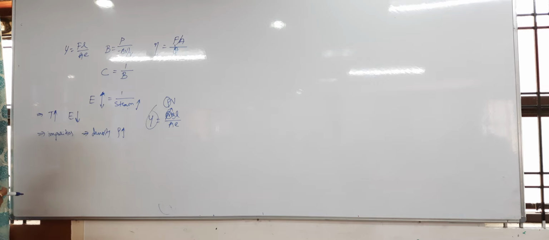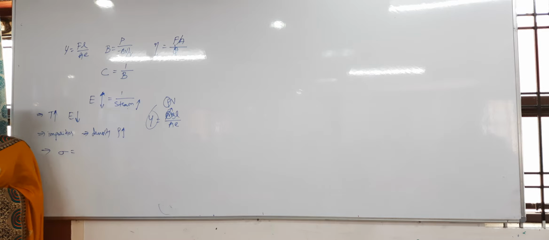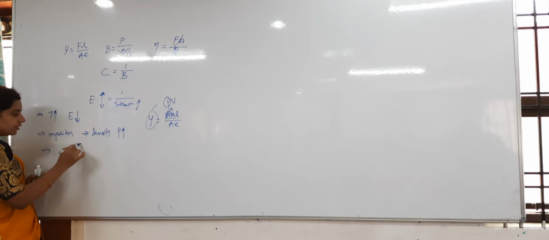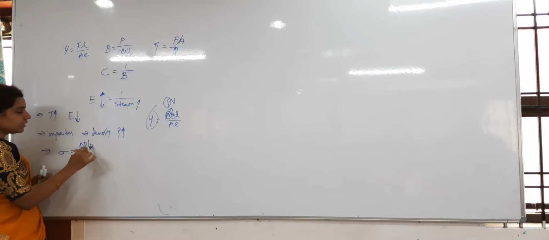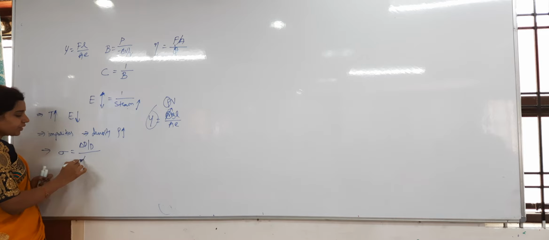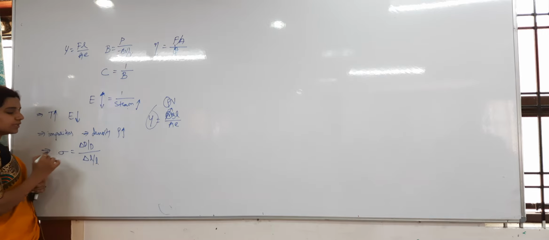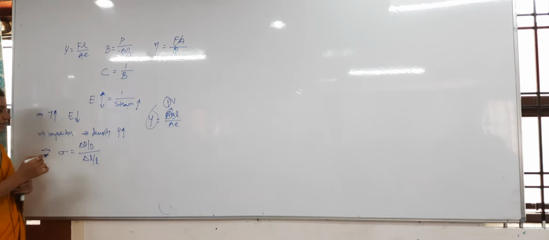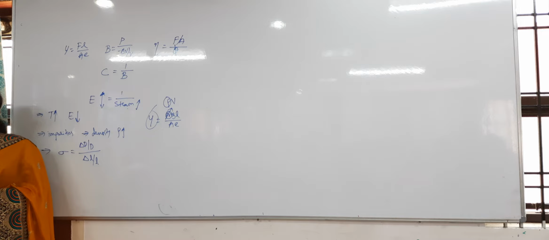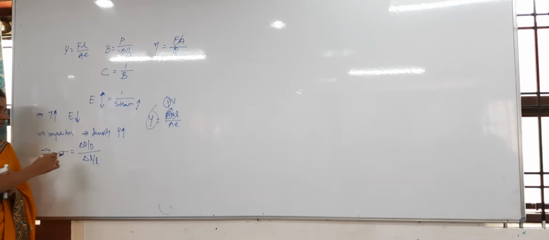That is what we have discussed. After that, Poisson's ratio we have seen. What is the Poisson's ratio? Sigma is equal to lateral strain by longitudinal strain. So lateral strain is nothing but delta d by d, divided by longitudinal strain, which is delta L by L. And whenever the length is increasing, at that time the diameter will decrease. So what we get here?